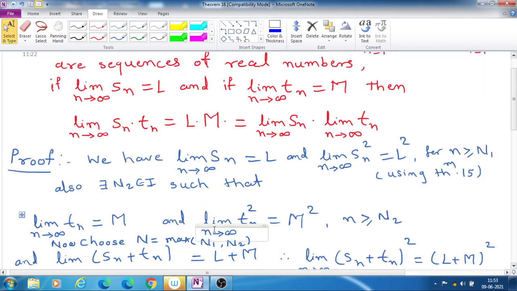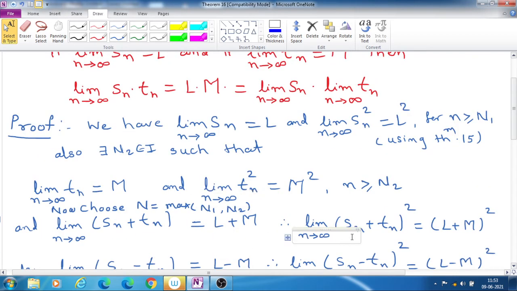So for this we are given limit of Sn is equal to L, limit of Tn is equal to M. Now in the previous theorem 15, we have seen that if limit of Sn is L, then limit of Sn square is L square.